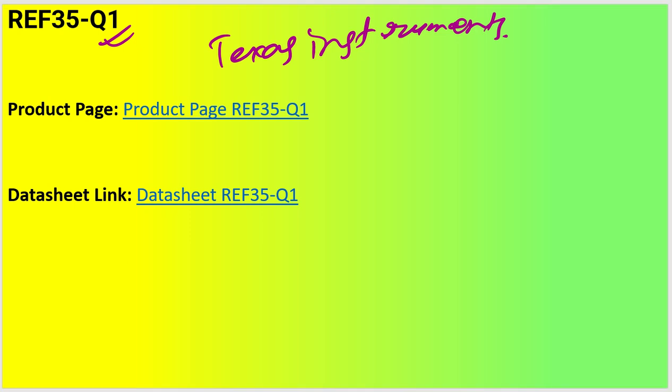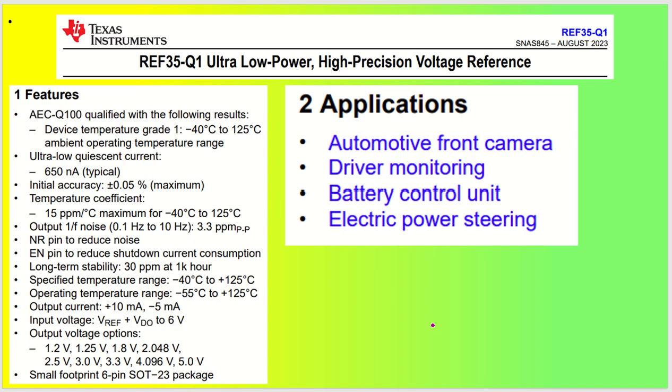Now going back to the features of this particular IC, it is very easy to understand from the data sheet. This is an ultra low power, high precision voltage reference. This is AEC-Q100 qualified, which means it is automotive qualified. It works from minus 40 degree centigrade to 125 degree centigrade.